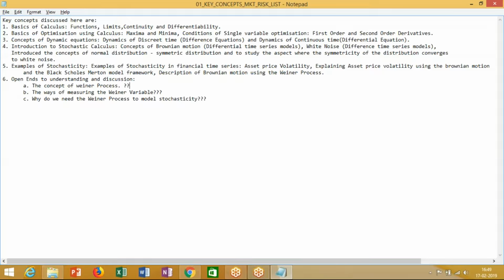And the next part was how we could execute the Wiener process in a software pattern. This is something which we had seen in the last class using an Excel execution.